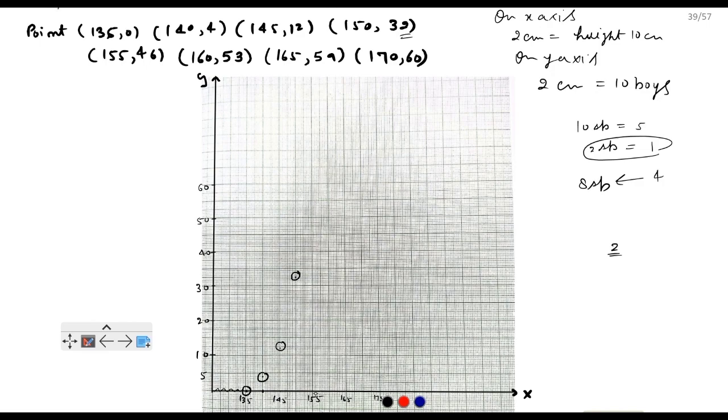Next 155, 46. 40, 45 just in the middle, and for 1 count 2 small parts. Next 160, 53. 50 and for 3 count 6 parts. 165, 59. For 59, 2 small parts less than 60. 170, 60. Now join these points with free hand.